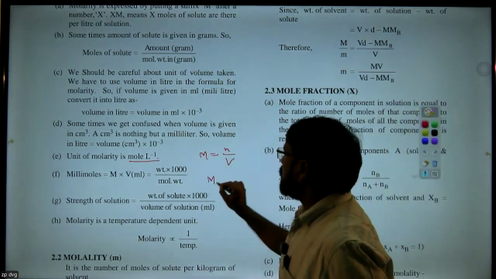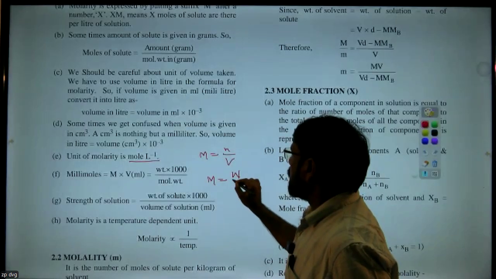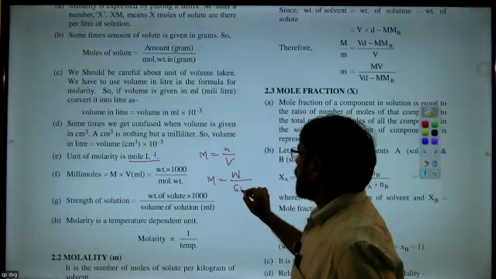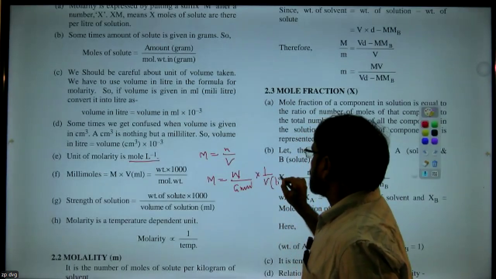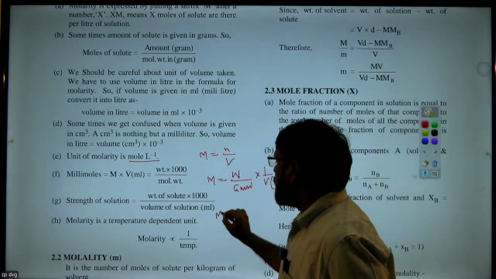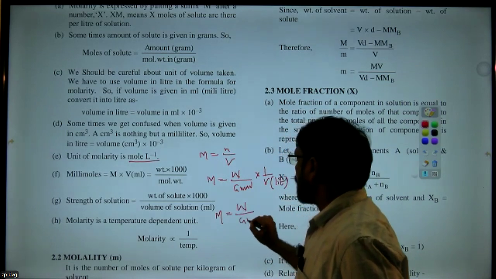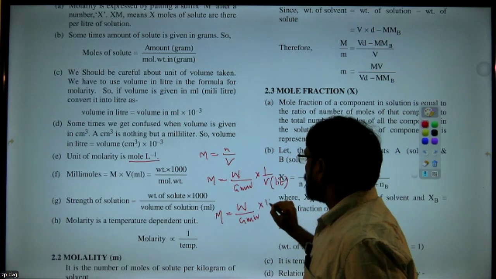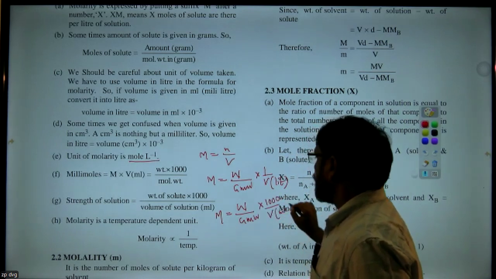So molarity is equal to number of moles, which we get by weight by gram molecular weight, into 1 by V in liters. For example, if volume is given in milliliters, what formula are we using? Weight by gram molecular weight into 1000 by V, with volume in milliliters.